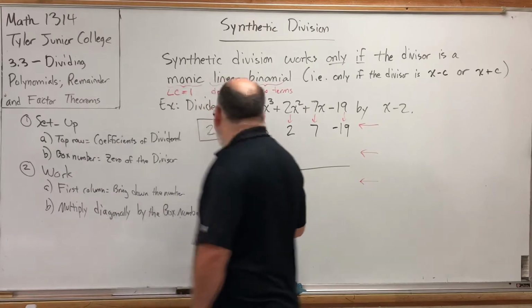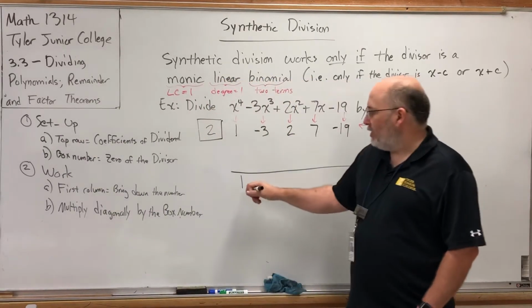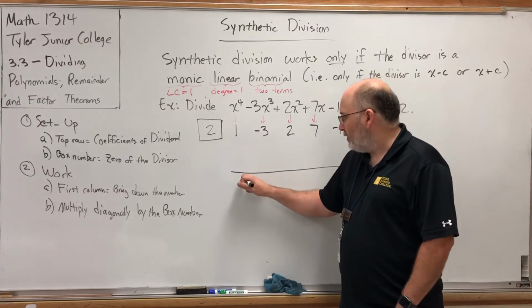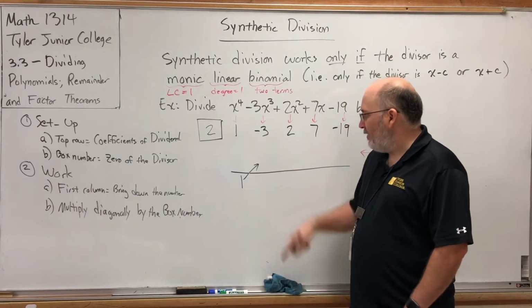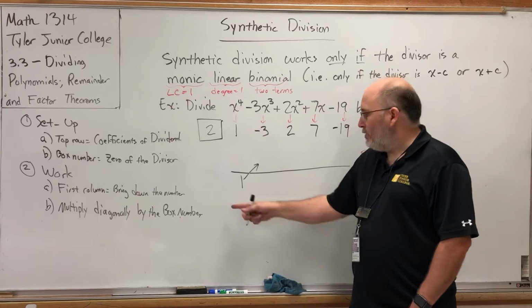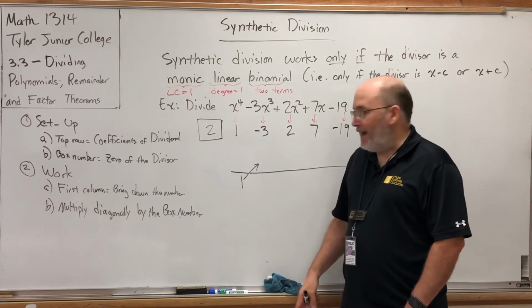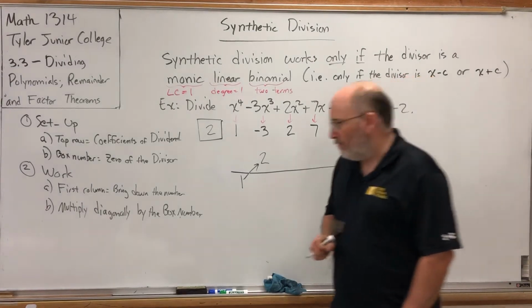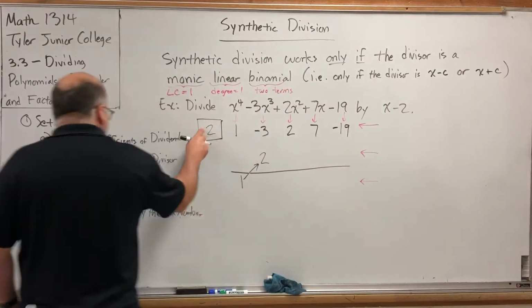But when I say multiply diagonally, that means we're going to go to the next column but up 1 row. So we're going to go this direction. You don't have to draw the arrow, I'm just pointing where I'm going. And when you go diagonally, you multiply by what's in the box. 1 times 2 is 2. That was easy. Multiply diagonally by the box number.